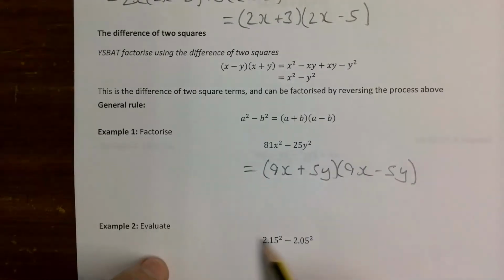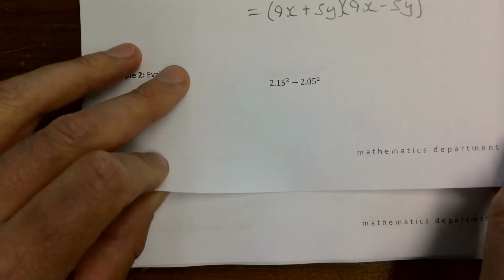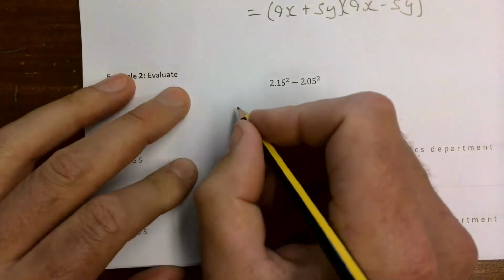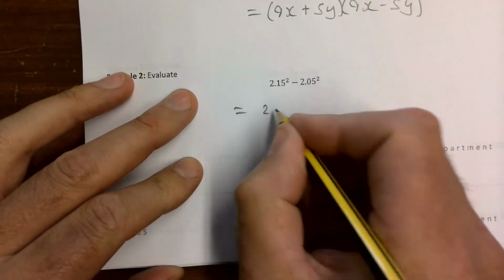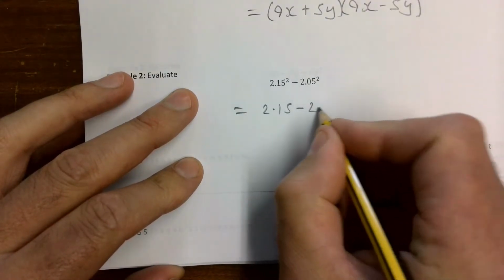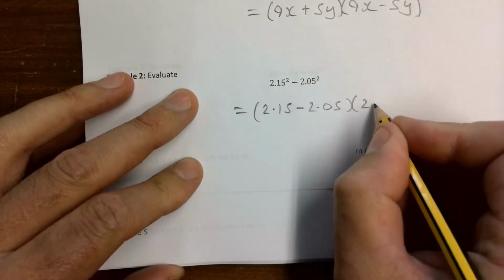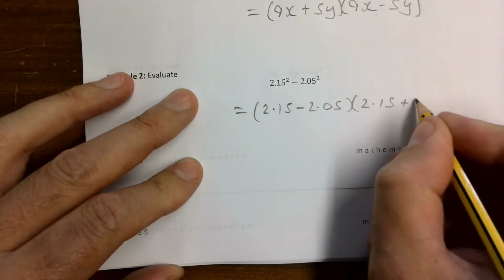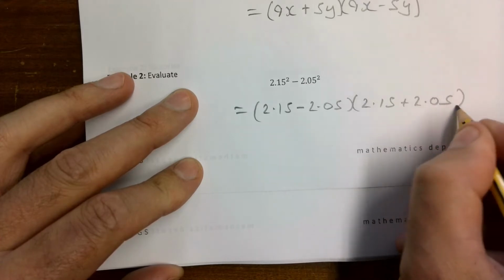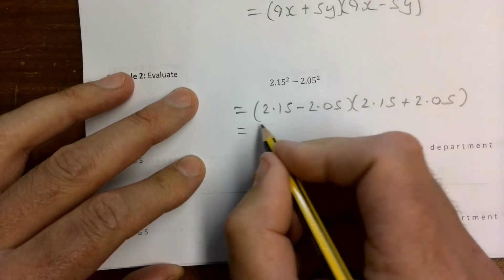It says then evaluate this, so we want to use it to help us do this calculation, so we should be able to make this work. So this is going to be 2.15 take away 2.05, and then 2.15 plus 2.05. 2.15 take away 2.05, what's that, 0.1?